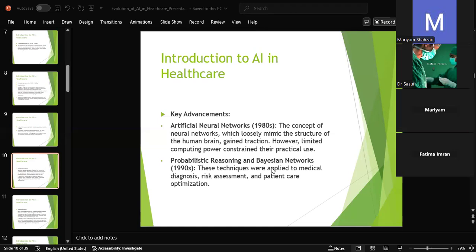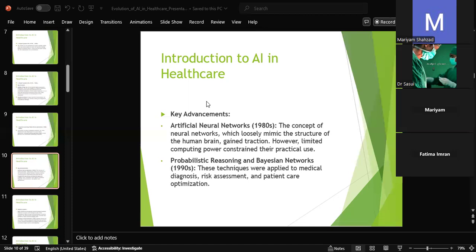So where do we use this probabilistic reasoning? It involves probability to handle uncertainty. Uncertainty is basically that we are not actually sure what the probability of a particular thing is going to be.